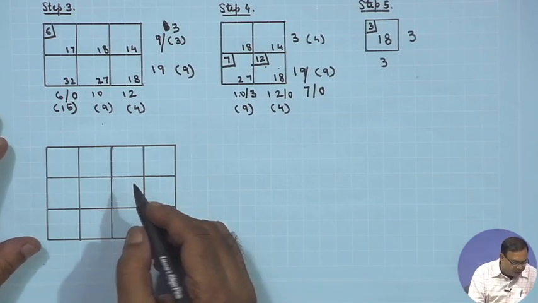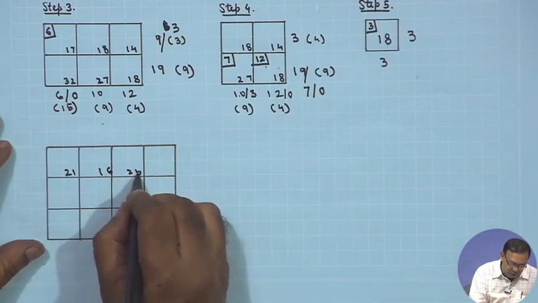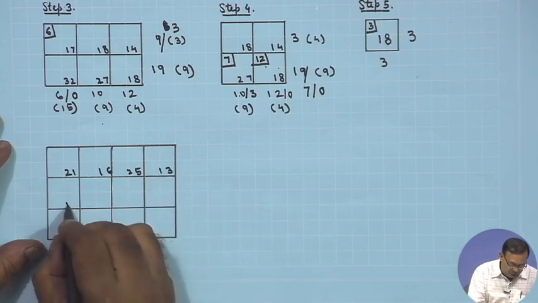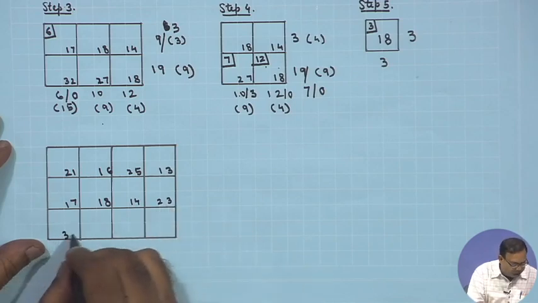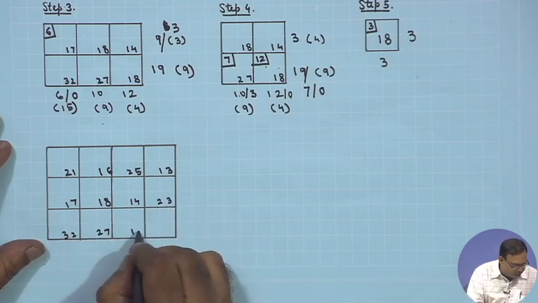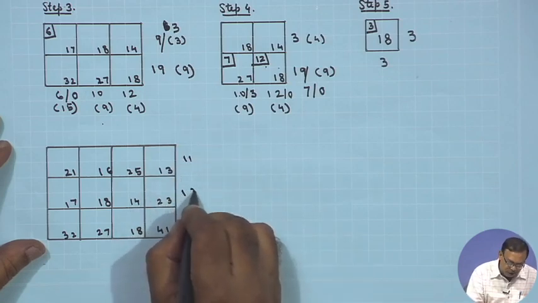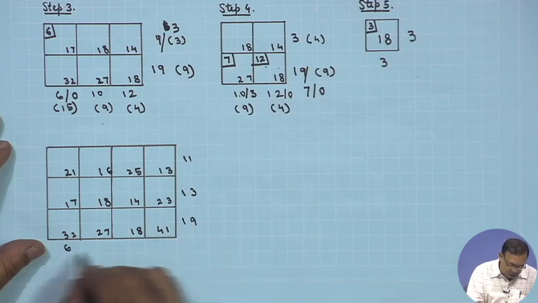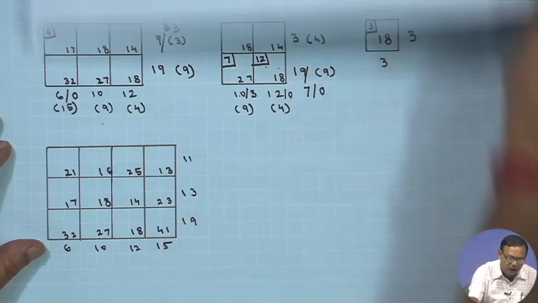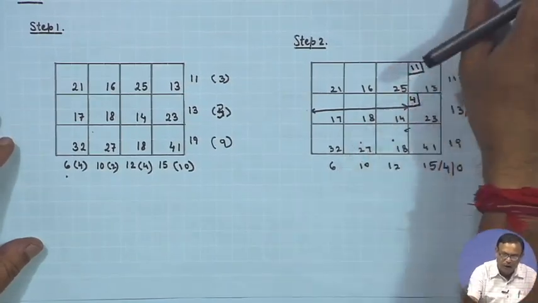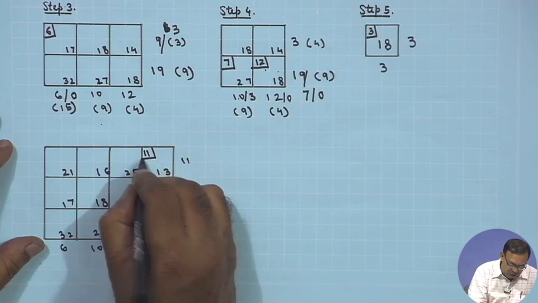So, finally, if I have to say, my allocation will be, elements are 21, 16, 25, 13, 17, 18, 14 and 23, 32, 27, 18 and 41. Here it is 11, 13, 19 and 6, 10, 12 and 15. So, from the original allocation, I started with this one, 11, then in the next step I allocated 6, and that way I have made the allocations which I am writing now.